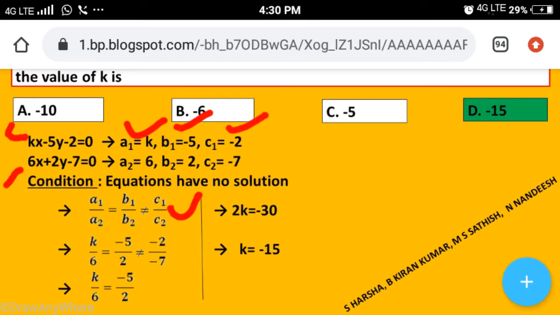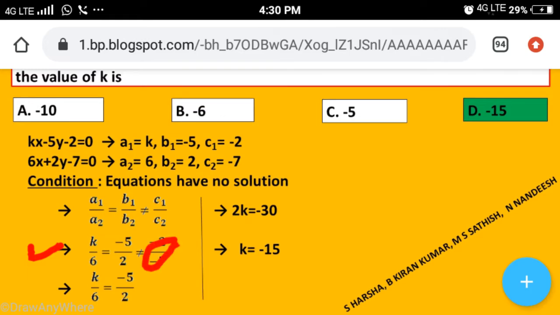From the second equation, 6x plus 2y minus 7 equals 0, the value of a2 is 6, b2 is 2 and c2 is minus 7. So we have to substitute those values in the given condition, that is k by 6 equals minus 5 by 2, that is not equal to minus 2 by 7.